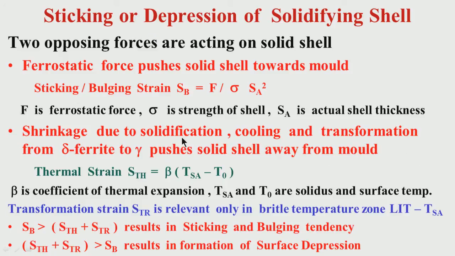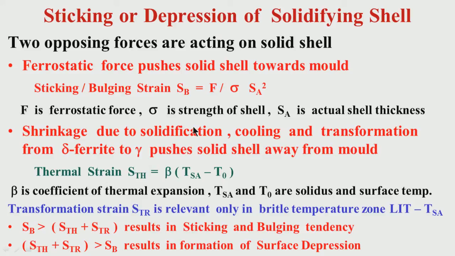Another is the shrinkage, which is the opposing force. This force is acting away from the liquid towards the mold, but the shrinkage, in which direction does it act? It will act towards the liquid steel and away from the mold, opposite to the ferrostatic force. Now, shrinkage is due to what? Due to solidification, due to cooling, and due to transformation from delta ferrite to gamma.